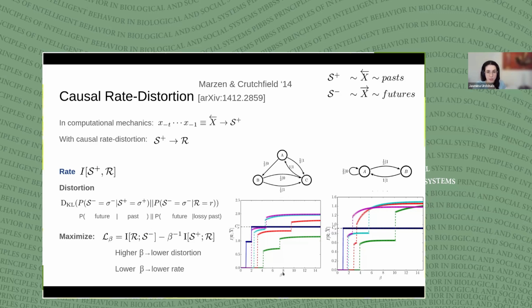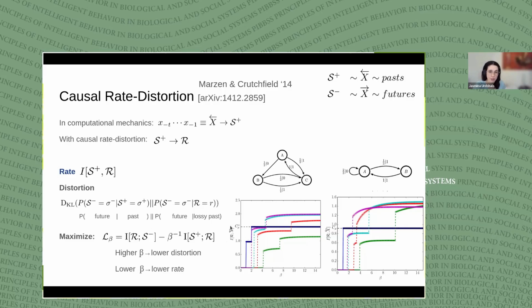And now you can recognize what the X and Y axis belong to, namely beta is the Lagrangian multiplier. For higher beta, you would get lower distortion, and for lower beta, you would get a lower rate, and that can be taken away, hopefully, from this objective function here.